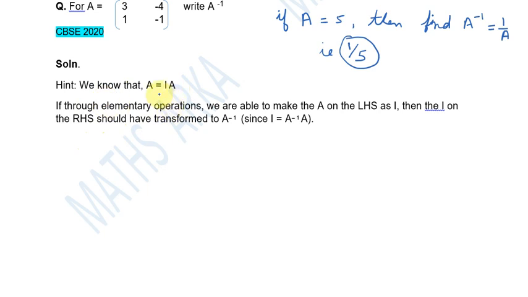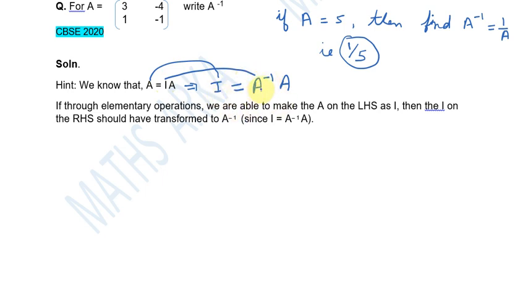So through elementary operations, we can try to change this A to I. We do the elementary change on this matrix as well as the I matrix, so that it becomes I here, and then it changes to A inverse.